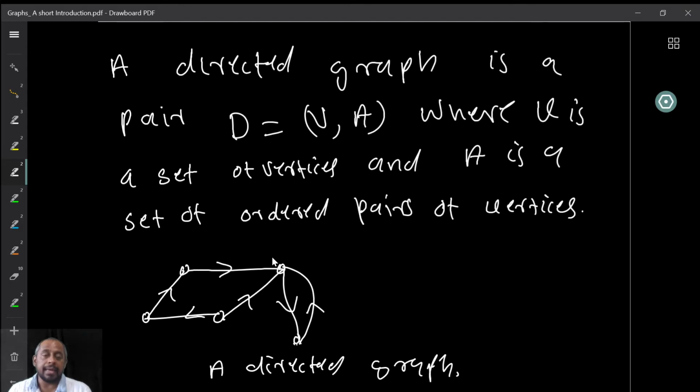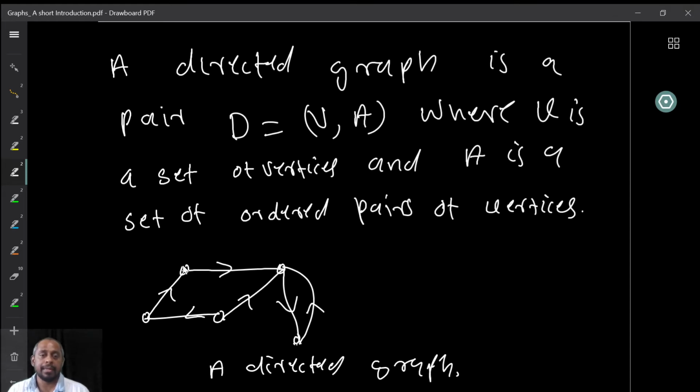So this is a directed graph. You can think of the directed graph as representing relations between objects which have some kind of direction to them.